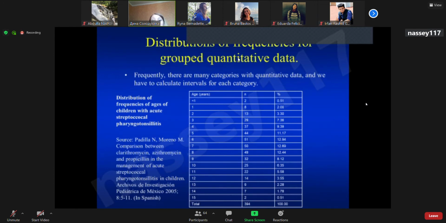However, when we have a lot of numerical parameters, it's a bit confusing to make up a frequency table, and in this case, we have to make intervals, not just study every parameter one by one. For example, distribution of frequencies of ages of children with acute streptococcal pharyngotonsillitis, because we have many parameters here, and age of children varies from below 1 to 15.